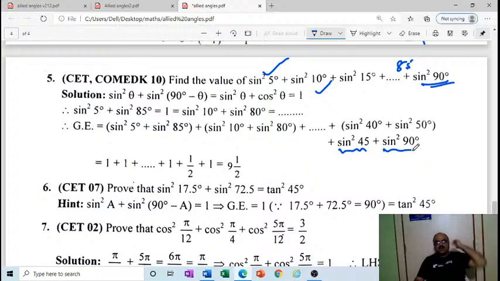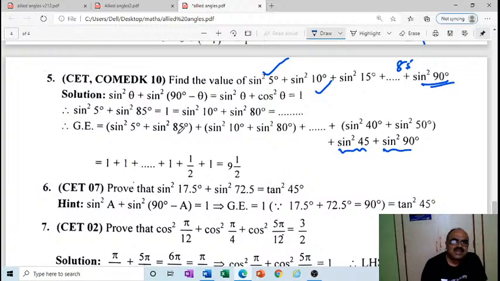Now see friends, all these values are 1. See 5 and 85, 10 and 80, 15 and 75, 20 and 70, 25 and 65, 30 and 60, 35 and 55, 40 and 50.